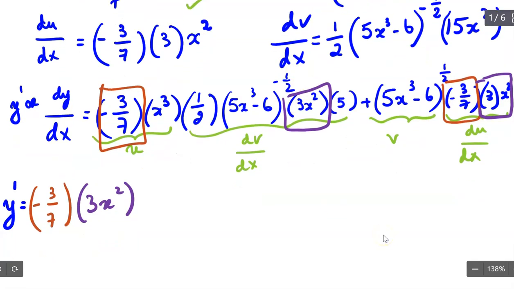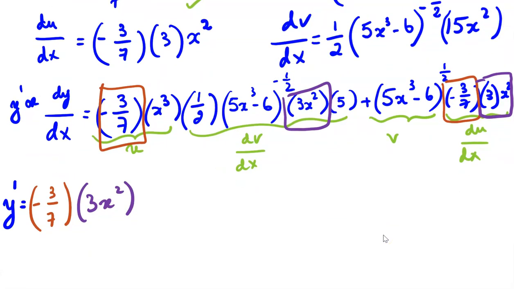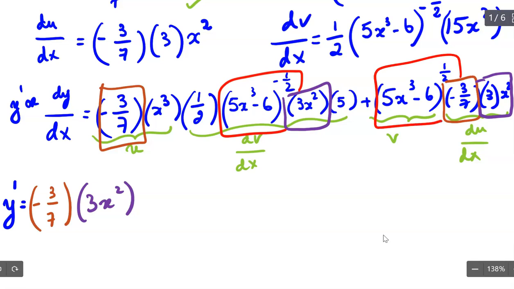You need to pull out the one with the lower exponent, which is 5x cubed minus 6 raised to the exponent negative half. Now what do I have left inside the bracket? Inside the bracket, you are left with this term.